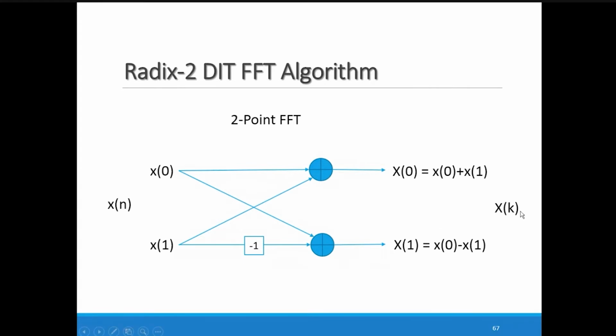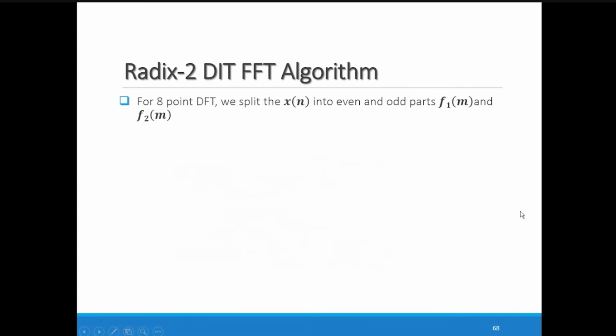Now for the 8-point DFT, from where we started, we split the x of n into even and odd parts. The even part is f1m and the odd part is f2m. Now for the 4-point DFT, we split f1m and f2m again into their even and odd parts.